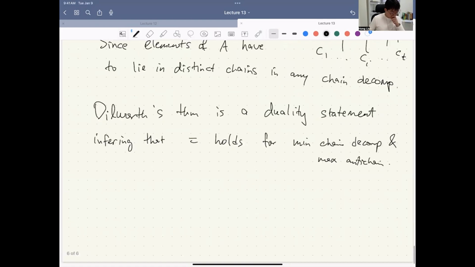So here, let me state Dilworth's theorem. Exactly what I just said.